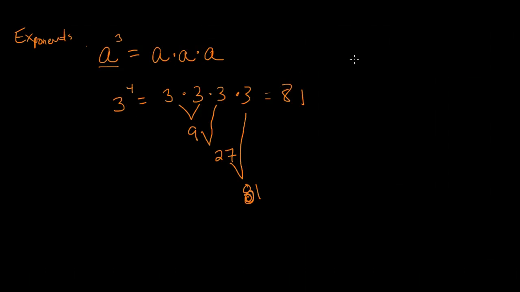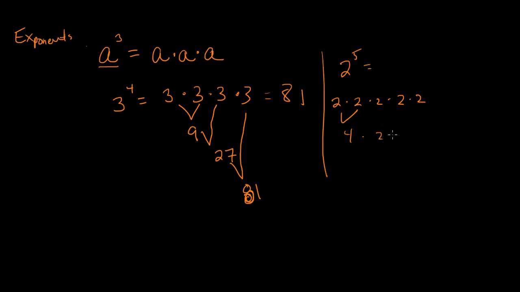Let's take a look at another one. Let's try 2 to the fifth power. And that's like saying 2 times 2 times 2 times 2 times 2. Well, 2 times 2 is 4, and 4 times 2 is 8.